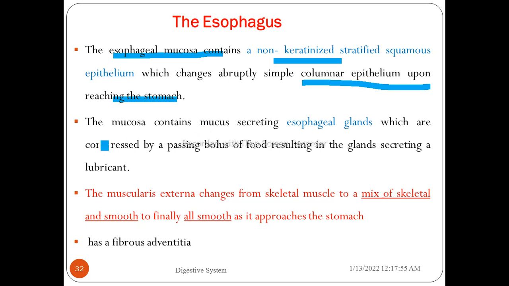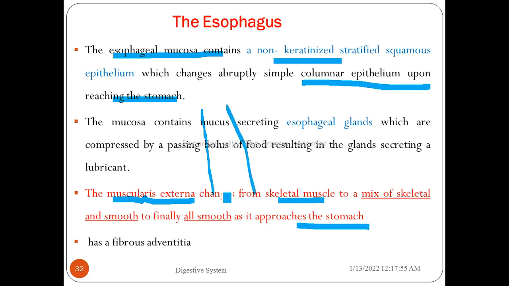And in the esophagus, the Muscularis Externa changes from skeletal muscle to mixed skeletal and smooth muscle, and finally all smooth as it approaches the stomach. Let me show you. Let us assume that this is the esophagus. We can divide the esophagus into 3 parts: this is the upper 1/3, this is the middle 1/3, and this is the lower 1/3.